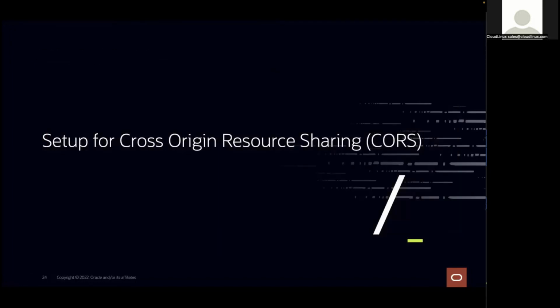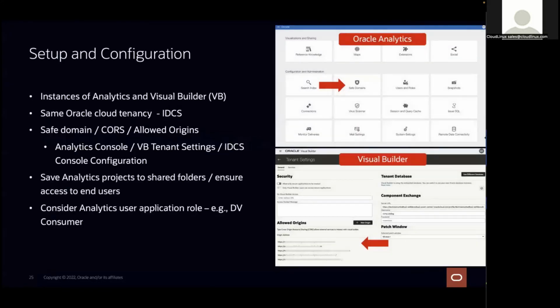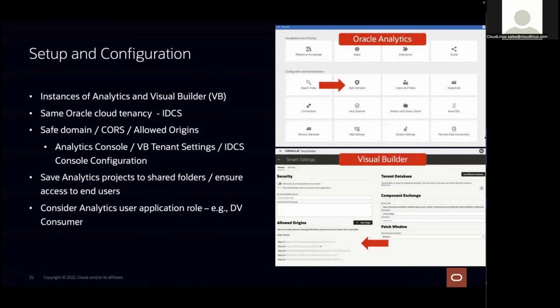Before you start your design, you need to set up Cross-Origin Resource Sharing. For cross-origin resource sharing, safe domains, and allowed origins, ensure that your Oracle Analytics instance domain is added to the allowed origins list in the Visual Builder settings, and that the Visual Builder domain where your application is hosted is referenced in the Oracle Analytics Safe Domains page.